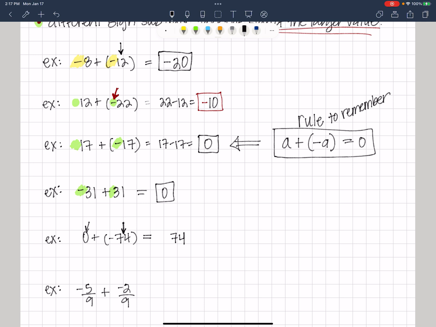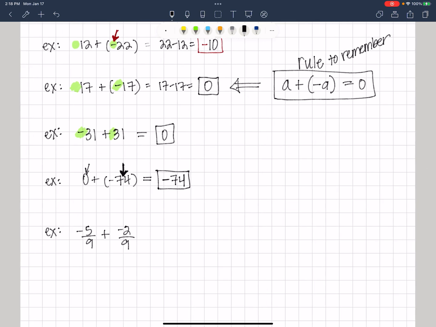So we look at the value. You could think of the absolute value. Its sign is negative. So whenever we're adding and subtracting, we're always going to take the sign of the larger value.